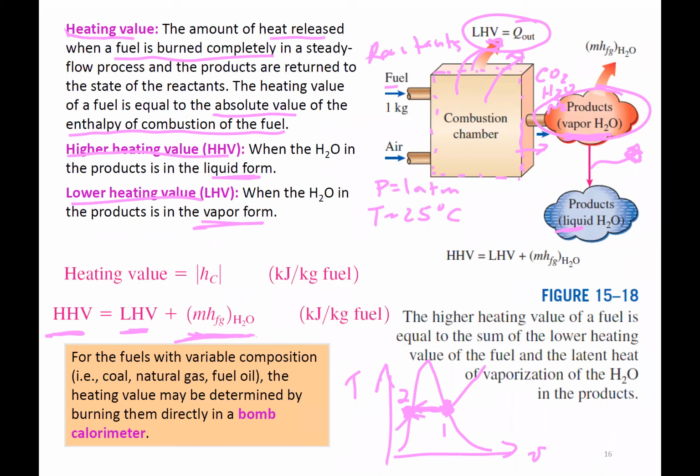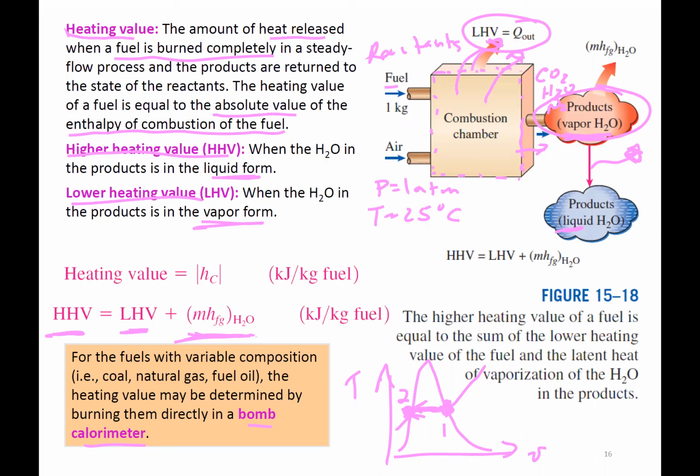So a bomb calorimeter is what's used to get these standard heating values. I think I have a picture up on Canvas or a video. I can't remember which one it is, or you can search for a bomb calorimeter. They're just burning a known amount of fuel, usually with a chamber of water around it, and measuring the increase in water temperature, because the heat from the combustion reaction goes into the water.